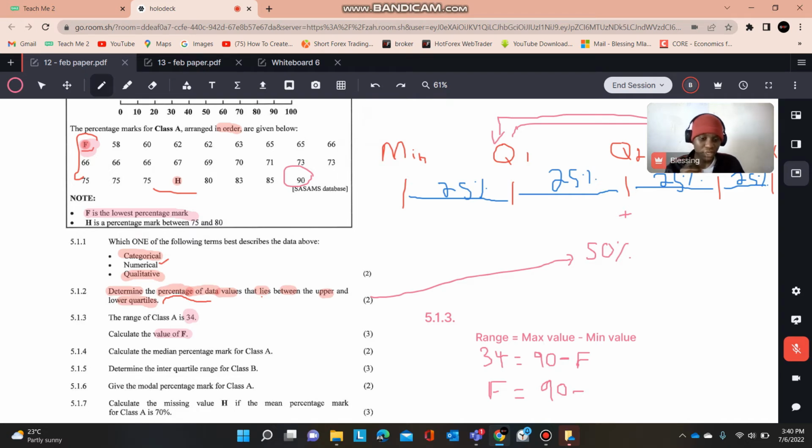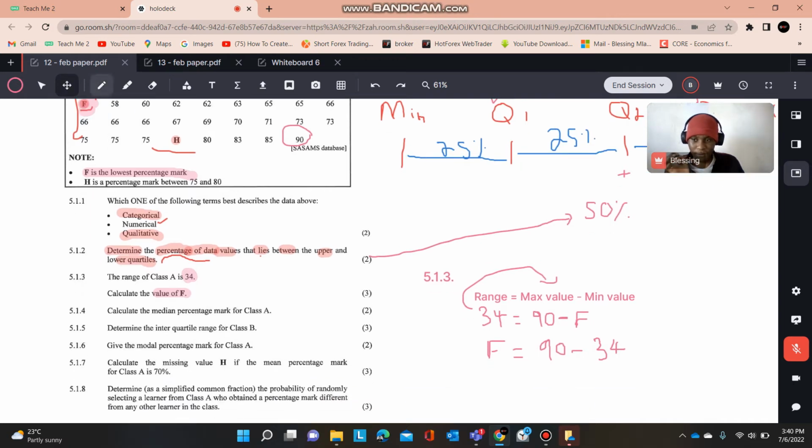So since it's going to the other side of the equal sign, it's going to be negative 34, right? And then you simply say, okay, f is equal to 90 minus 34. Let me just take my calculator real quick. 90 minus 34, and that's 56.